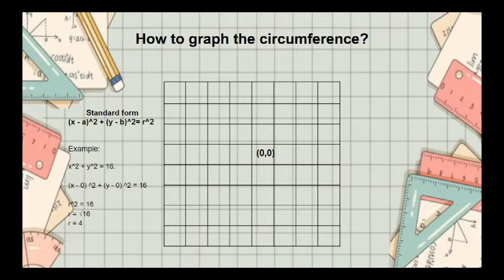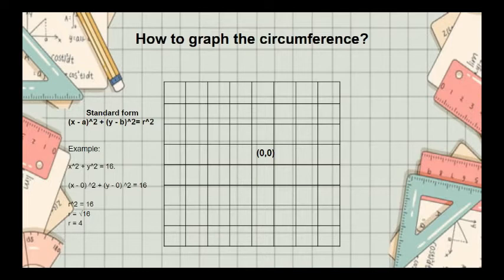Find the radius of the circle. Remember that r represents the radius. Be careful: if the r in the equation doesn't include a square, you will have to find out the radius. So, in our example, you have 16, but there is no r squared. To get the radius, write r squared equals 16.